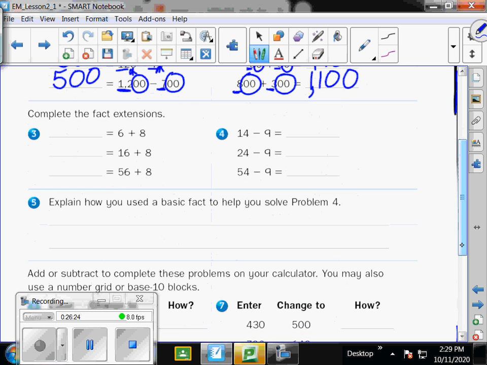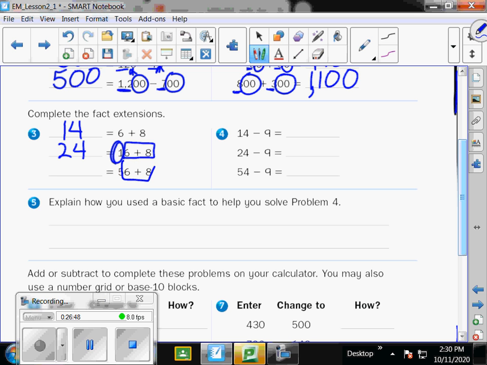All right, 6 plus 8, you should have had 14. Now these are the ones that are starting to get a little bit out there for me. I like those that end in 0, but still with addition, I can still think about that. I still have 6 plus 8, so I know that that's 14, but it's 14 plus 10 more. So I'm going to have 24.